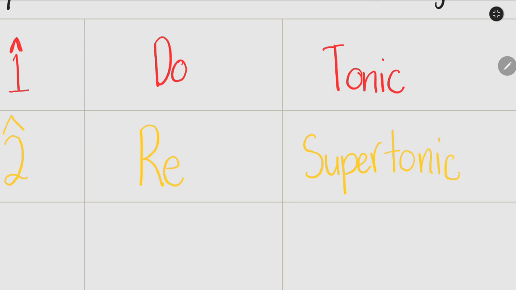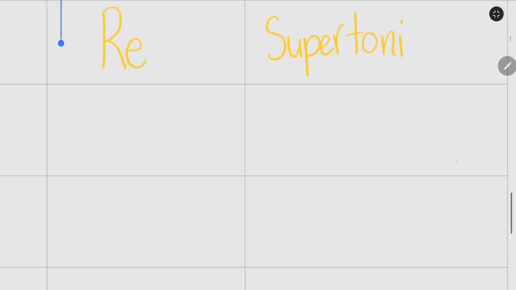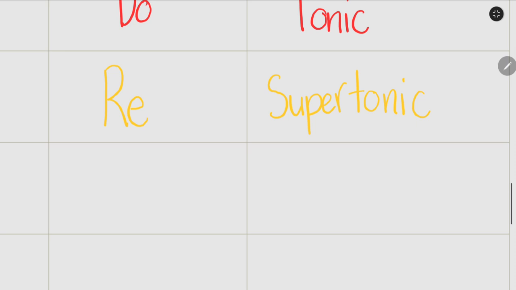And I guess the reason why it's called a supertonic is because super means above, so it's right above the tonic.